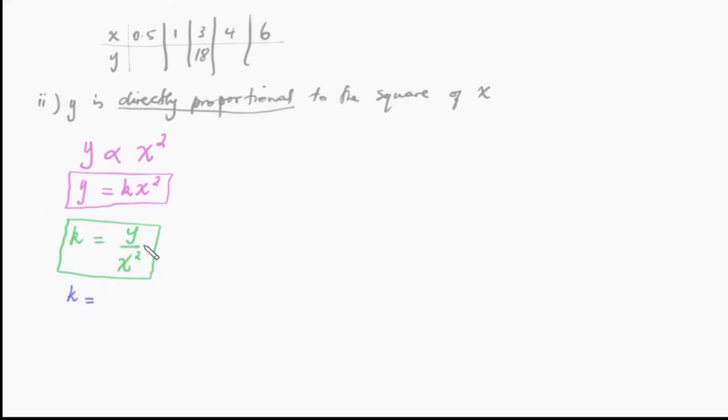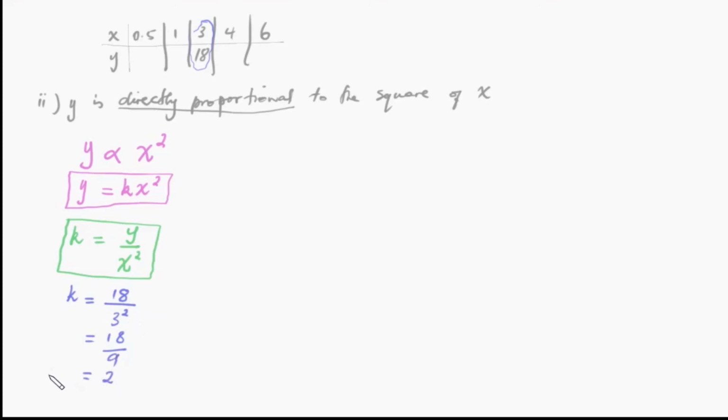So this k is equal to what? The corresponding value of x and y. We can use the given ones. They've given us this pair here. This part here is very important. So y is 18, and then x is 3, so we are going to square it. 3 squared. Now, that means we have 18 over 9, which is 2.